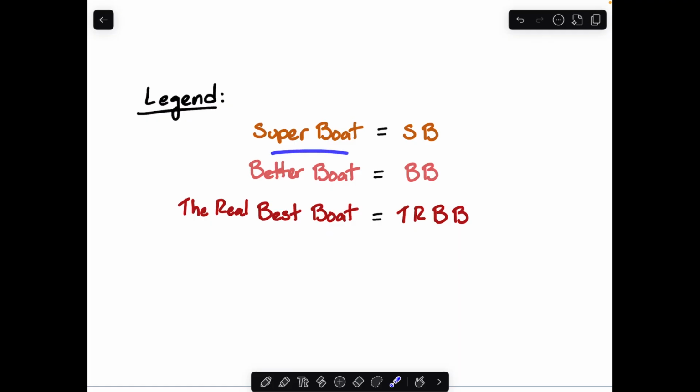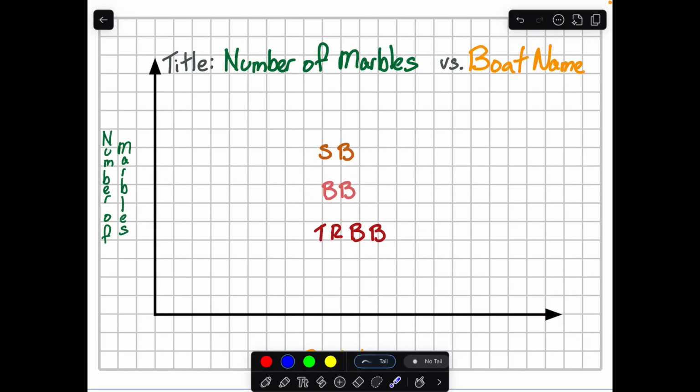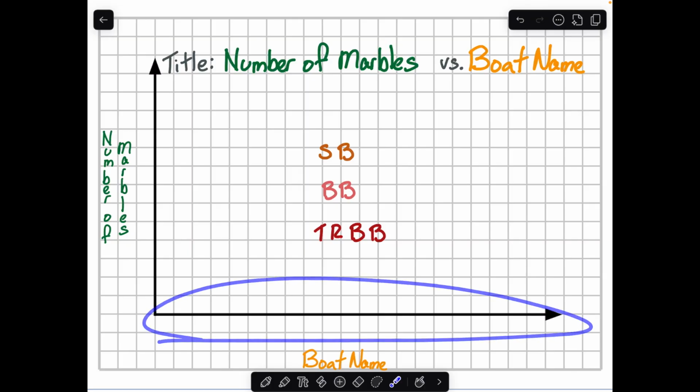When I add these to the horizontal axis, what I'm doing is creating a space to represent the number value for the number of marbles. When you're graphing, you want to fill the space as much as possible.